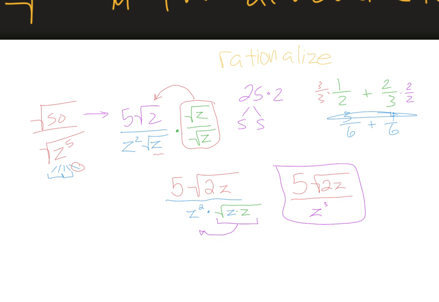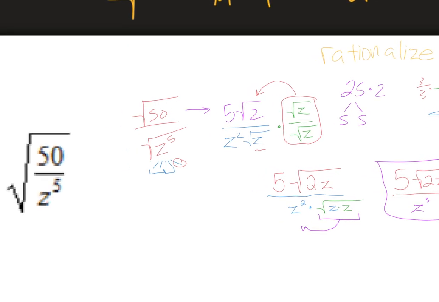And just so you know, we could have, if we wanted to, rationalized it right here, and multiplied this whole fraction by the square root of z to the fifth. I think that would have caused random extra bits. If you're like, extra bits, what do you mean? Well, we would have had z's in the numerator.